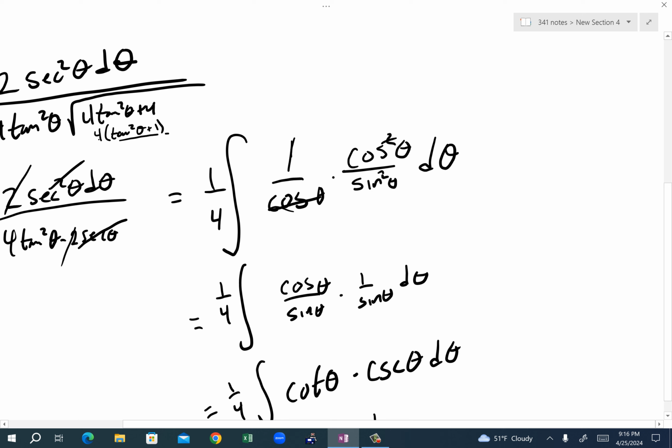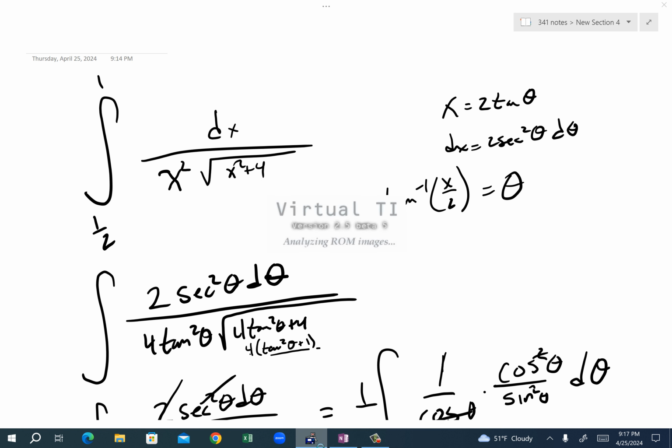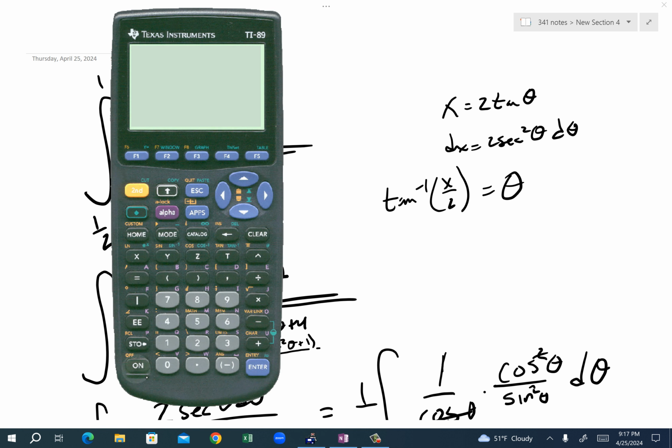And now we have to evaluate. Since x over 2 is tangent, arctan is theta. Putting in a quarter, arctangent of a quarter, let's ask the calculator. We don't want to be in degrees.